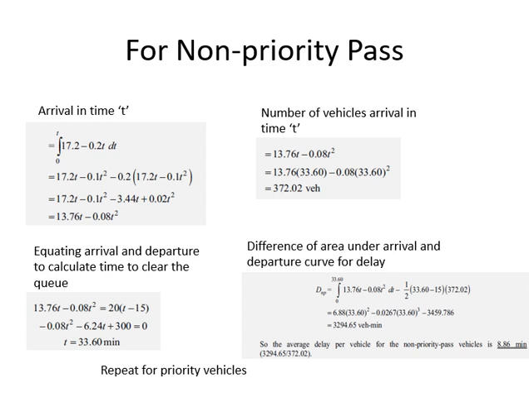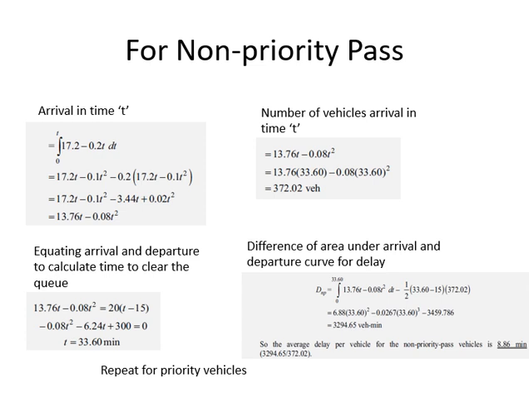Okay, but let me summarize. There was the gate which processes the vehicles at 20 per minute, and the arrival rate was given as lambda. First of all, we took the integral of lambda to get the number of vehicles arrived. For the departure, the rate multiplied by t gives you the number of vehicles departed. We put both of them equal to get the time of the queue.